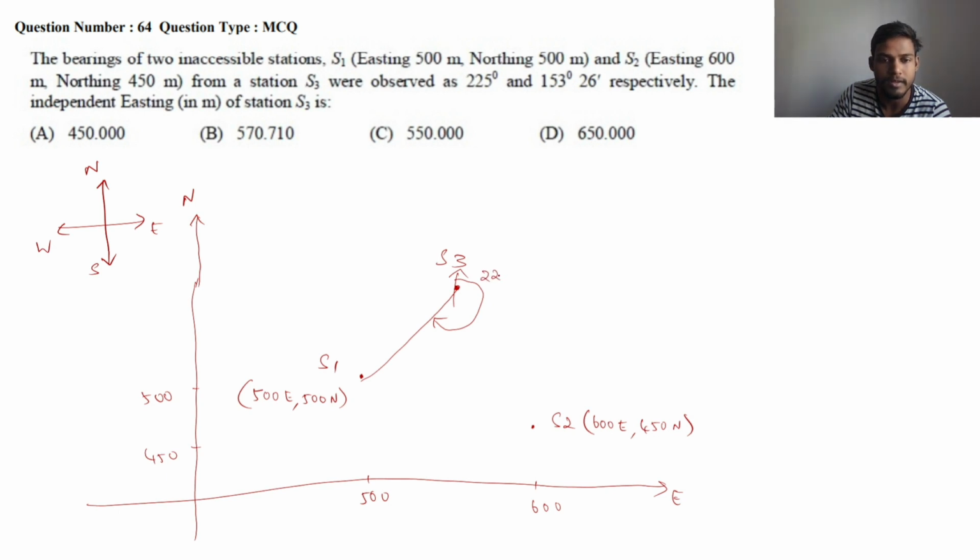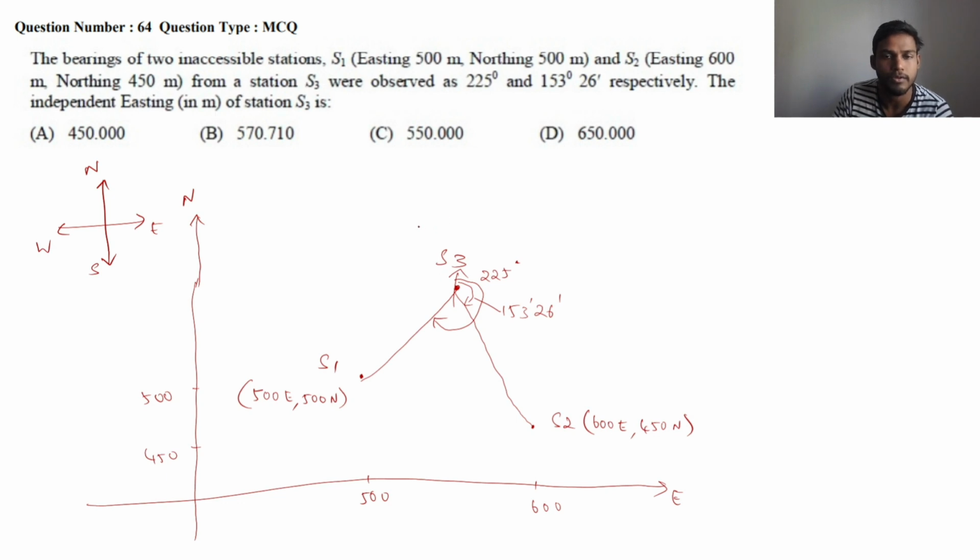With respect to S3, S1 is in the third quadrant, that is 225 degrees. And with respect to S3, S2's angle is 153 degrees. This means it lies in the second quadrant with respect to S3. So this is how we found the position of S3.